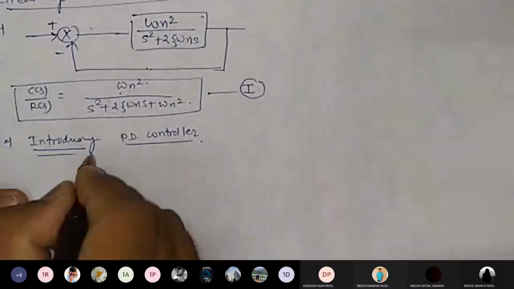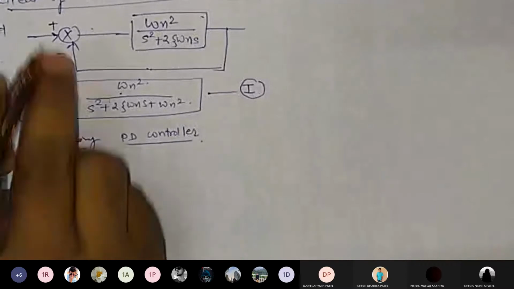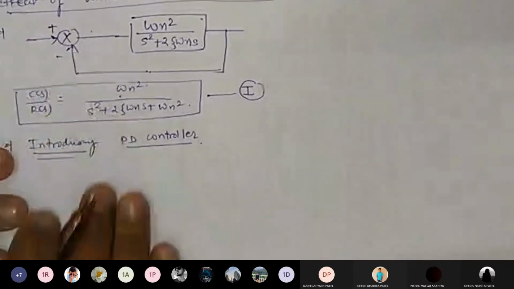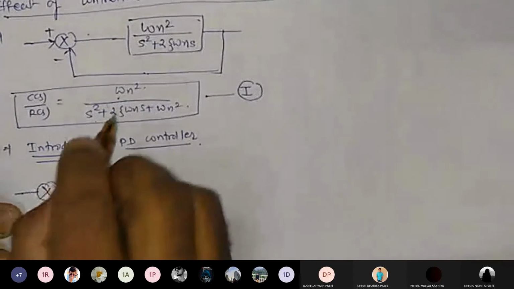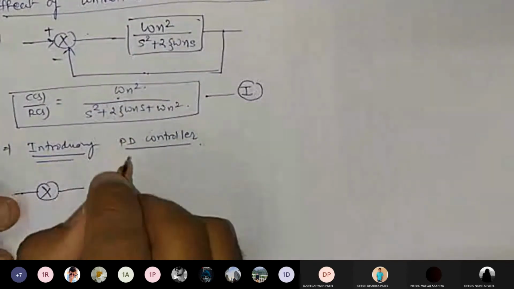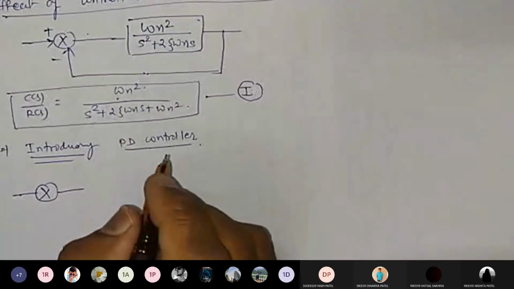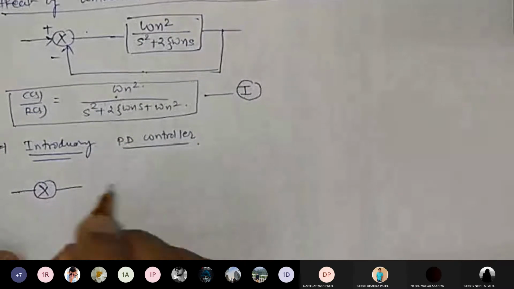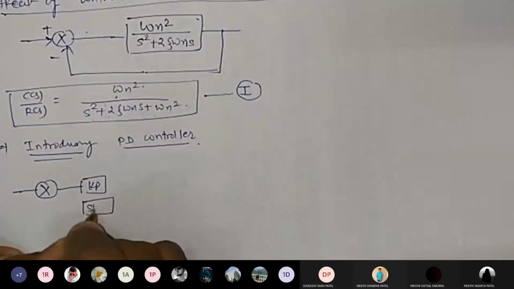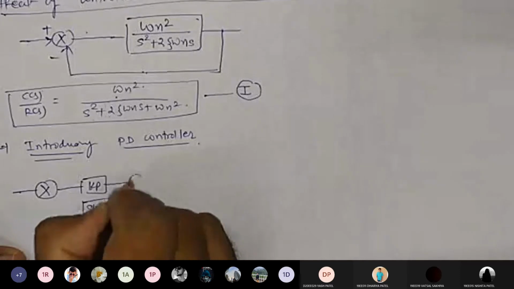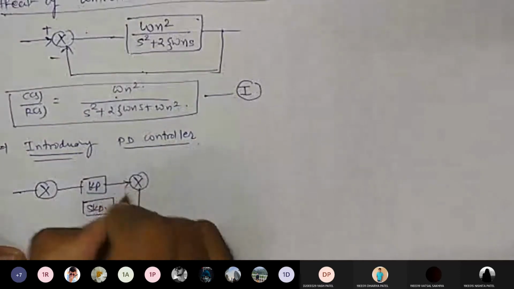Now I am introducing the PD controller over here. So the block diagram changes; here it will be Kp and sKd, we will be having this term.